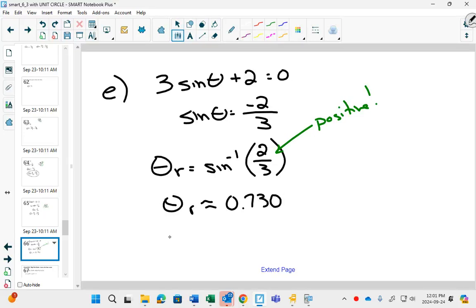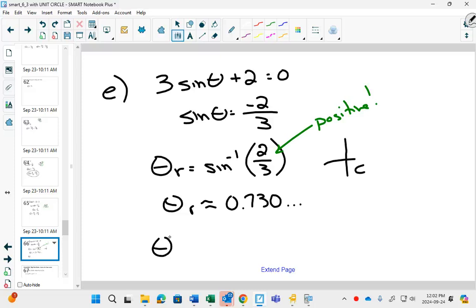That's rounded to 3 decimal places. Usually we don't actually round our answers, so I'm going to put the dot dot dot to show that I'm keeping all my decimal places, but they're only going to check your final answers for rounding.